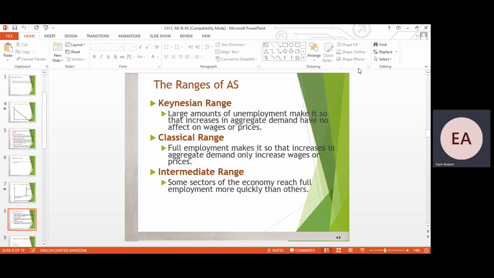The Keynesian approach assumed large amounts of unemployment, so an increase in aggregate demand has no effect on wages or prices. So the prices are ineffective.